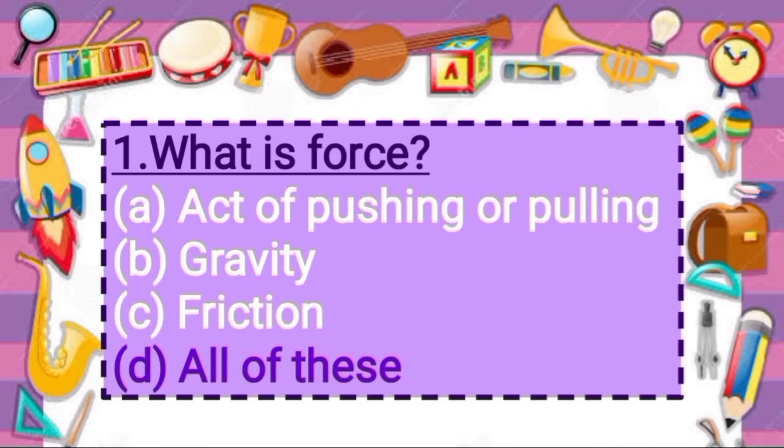So as you know, we use force to stop or start moving any object, or to change its position, or to increase or decrease its speed. So answer is option D, all of these.